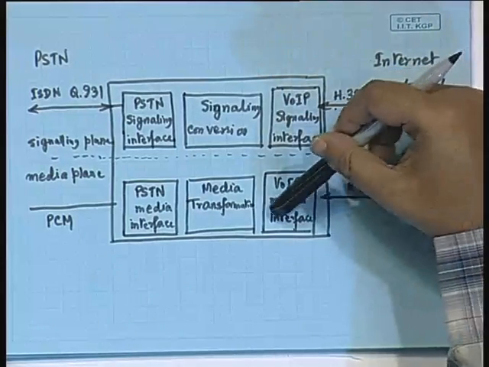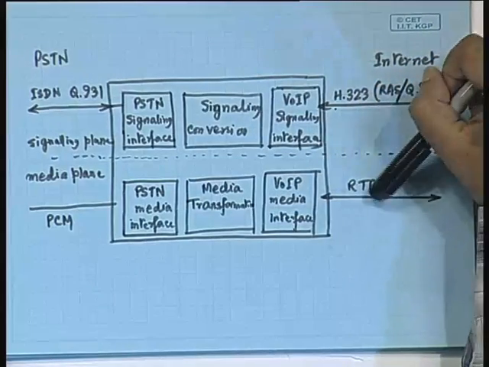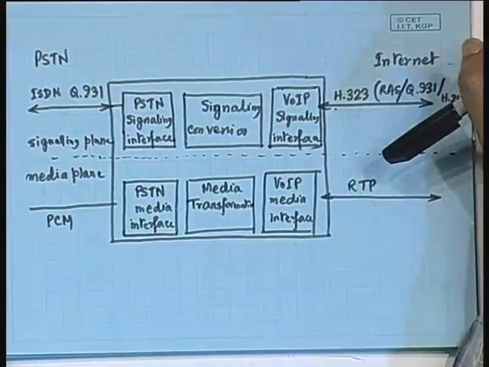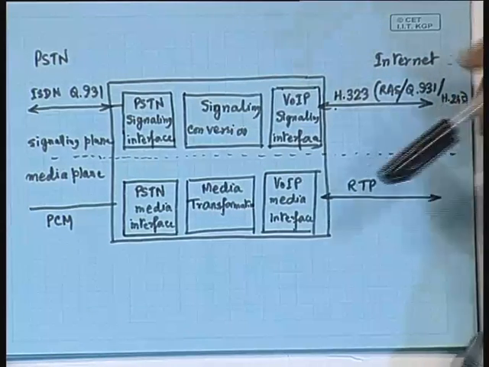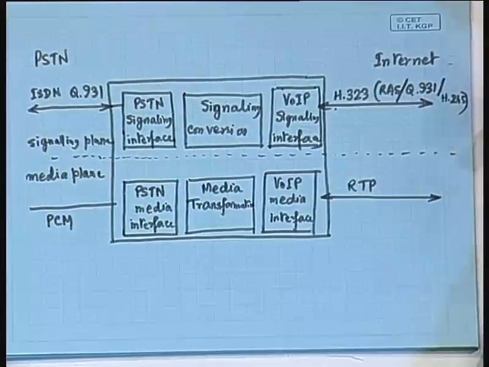Because in the RTP payload, what are you going to send? You have to use some encoding process: if it is speech, then G.729 or G.728, whichever standard is followed. If it is video, any H.26x form of encoding has to be done, and it is this encoded bit stream, along with its headers etc., that goes into the RTP payload.